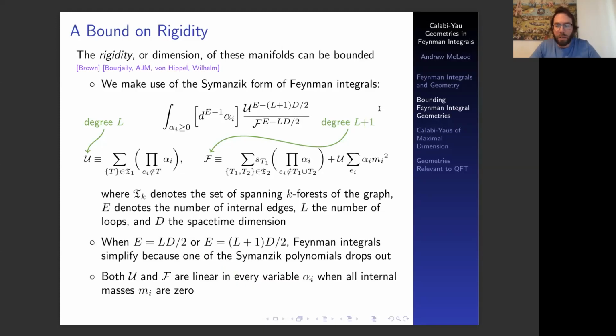So I'll be making use of two simplifications that occur in certain cases. The first is that for certain integrals that satisfy one of these two relations between their number of edges, loops, and space-time dimensions, one of the semantic polynomials will drop out. And moreover, when all the internal edges of our graphs are massless, then both the U and F polynomials are linear in every one of the Feynman parameters.